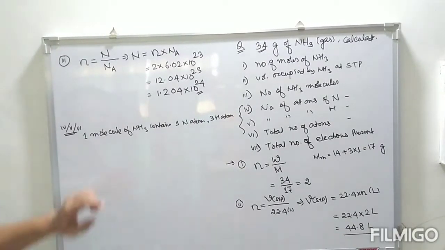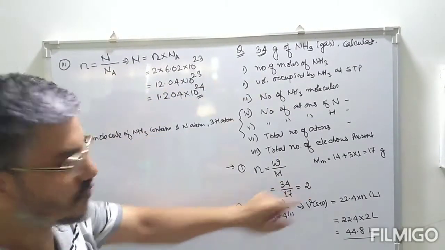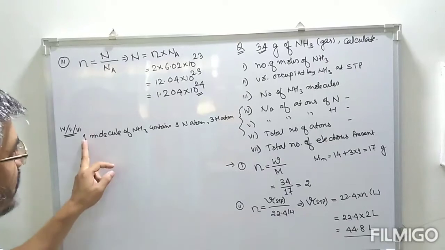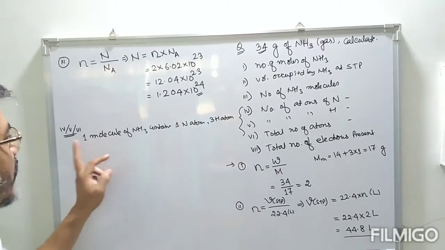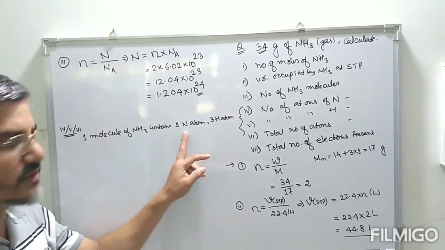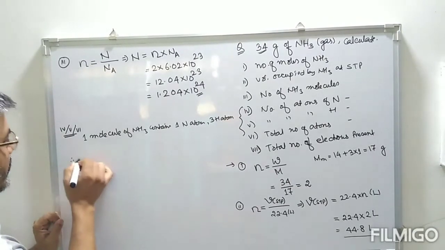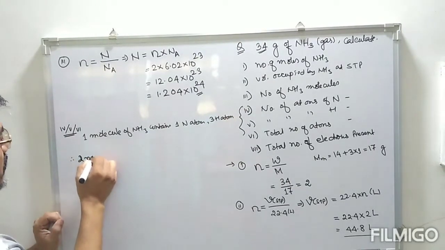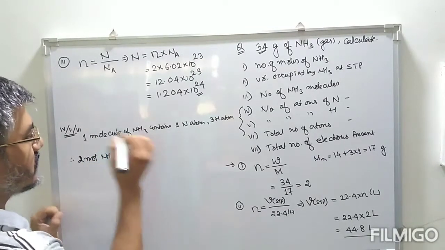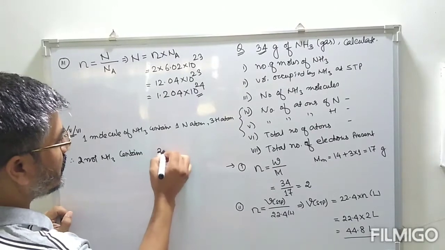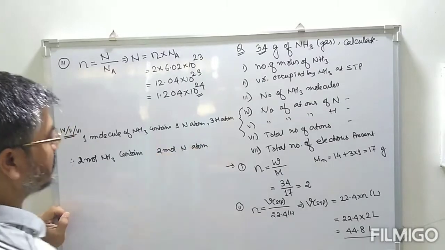Now, the actual number of moles present in 34 gram is 2. So obviously, look at this. If one molecule contains one nitrogen, then 1 mole will contain 1 mole nitrogen, 2 moles will contain 2 moles. So therefore, 2 mole ammonia contains how many nitrogen? 2 mole nitrogen atoms.